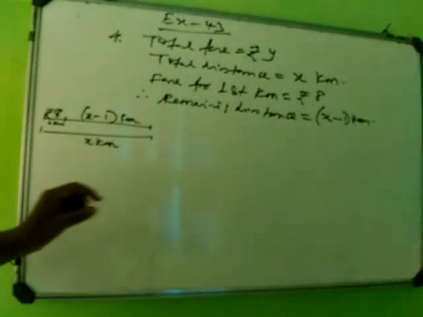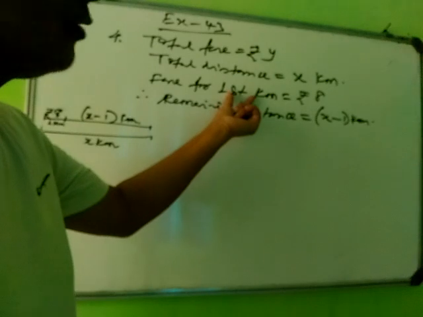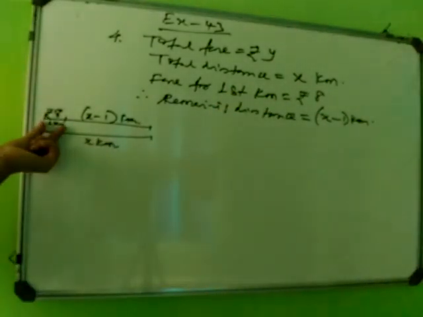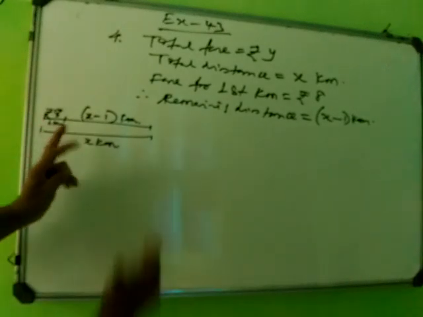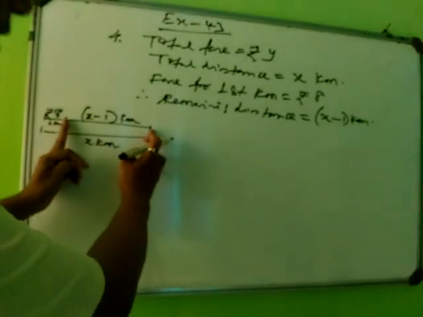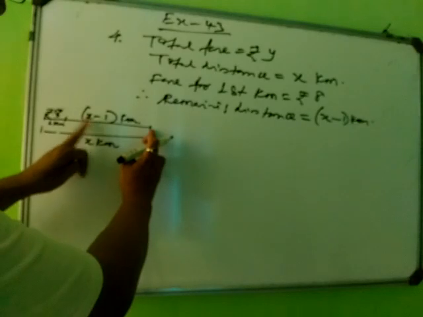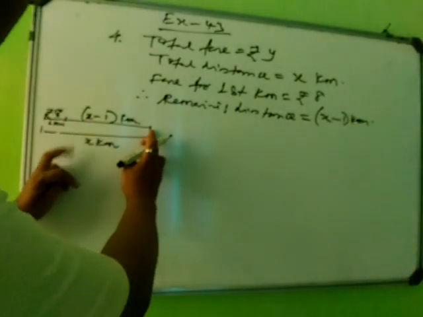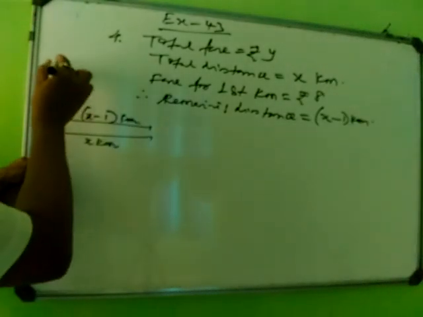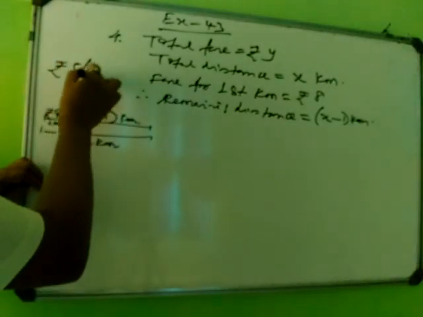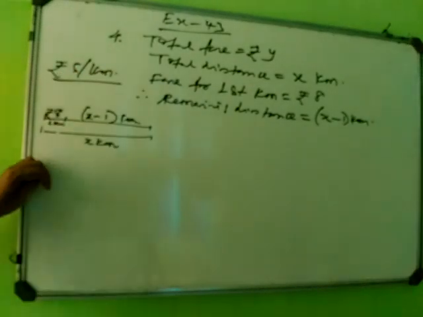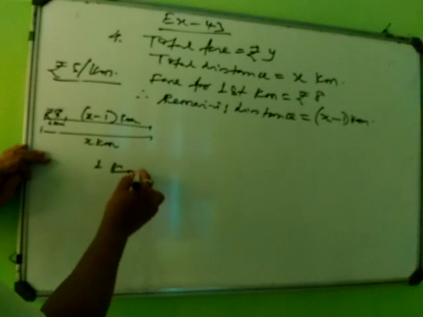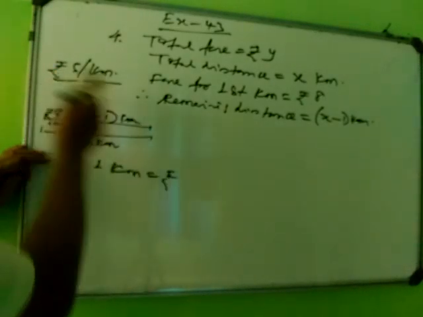Now the rate of fare: for the first 1 kilometer, it is ₹8. Now the subsequent distance, that is the remaining distance covered, is x minus 1 kilometer. The rate of fare is ₹5 per kilometer, that means every 1 kilometer it will be ₹5.